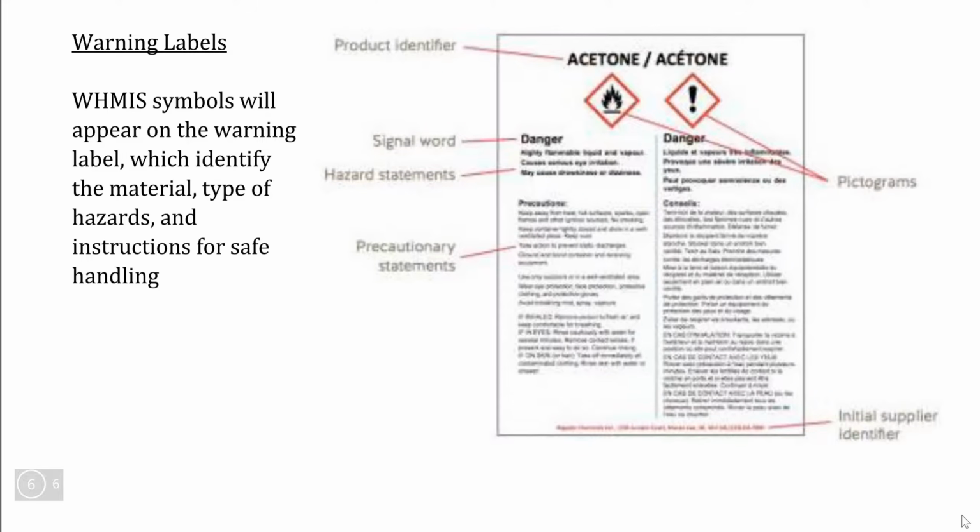So why do you need to know this as a science student? Well, very often the compounds that we're working with, especially in chemistry labs, will come with one or more of these WHMIS symbols.